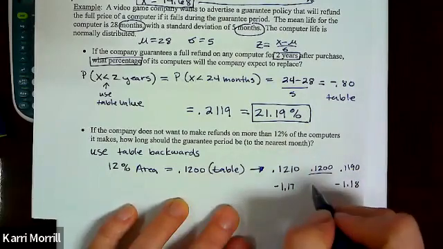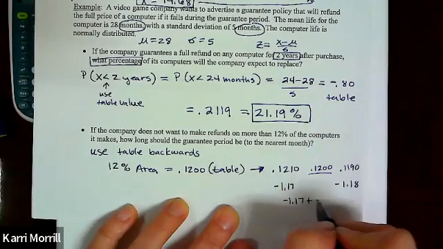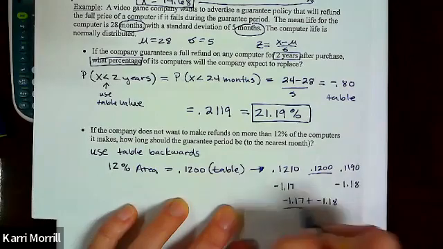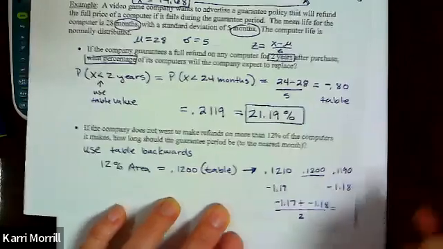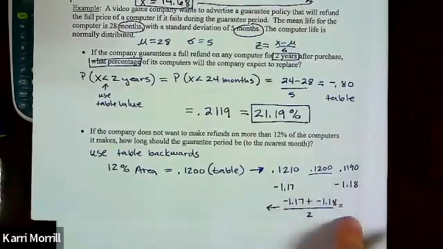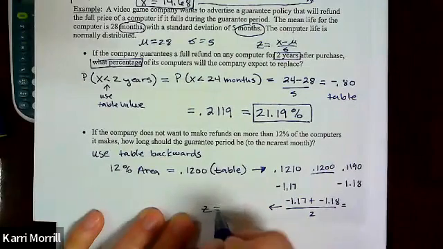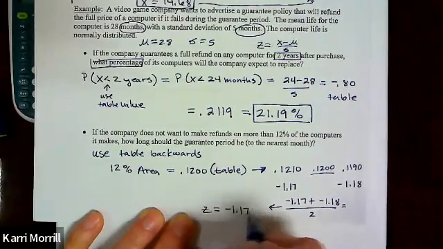So we're going to have to just average those, negative 1.17 plus negative 1.18 divided by 2. And so that's going to give you, I'm going to actually move this direction because I don't have a lot of space right where I wrote that. That is a z-score of negative 1.175.